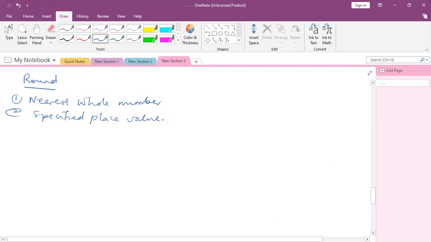Whether you're rounding whole numbers or rational numbers, the rules are the same. So let's go through the rules for doing this. You can use this guideline.